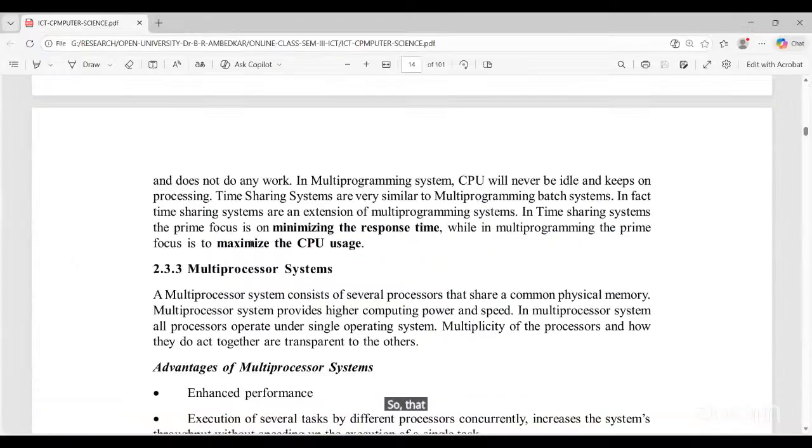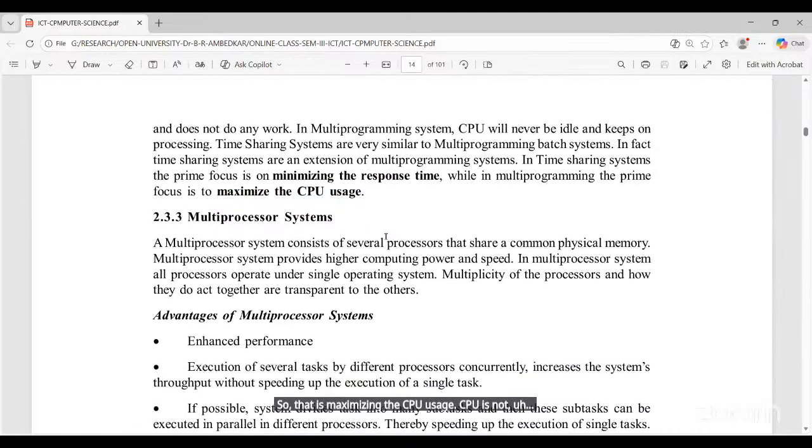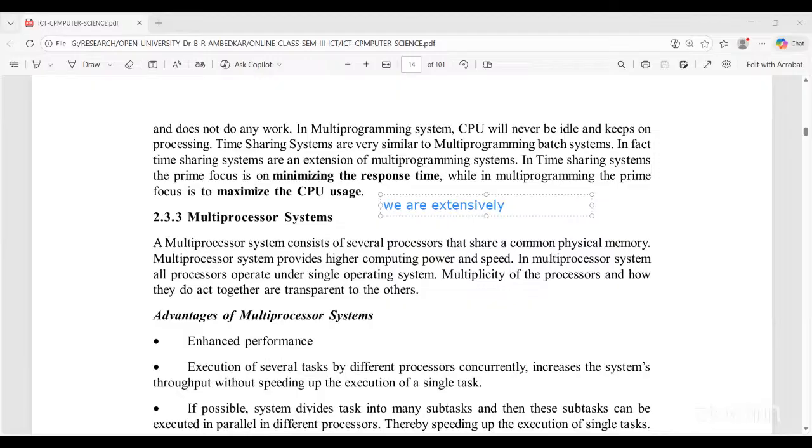That is maximizing the CPU usage. CPU is not idle. We are extensively using CPU time.